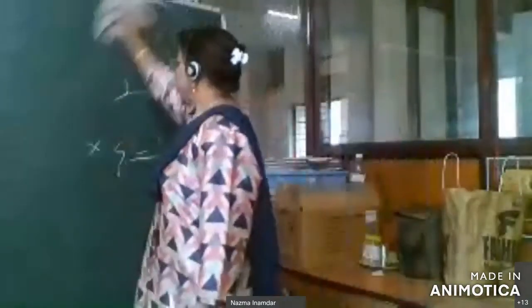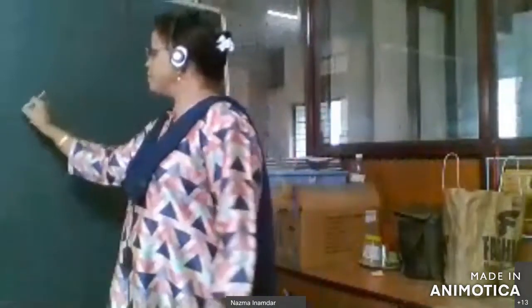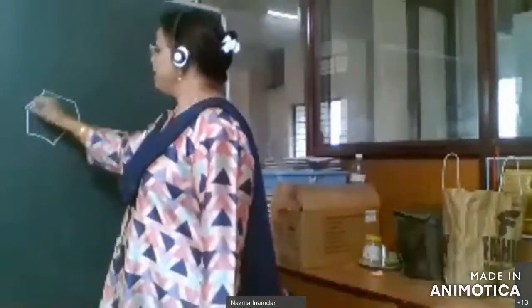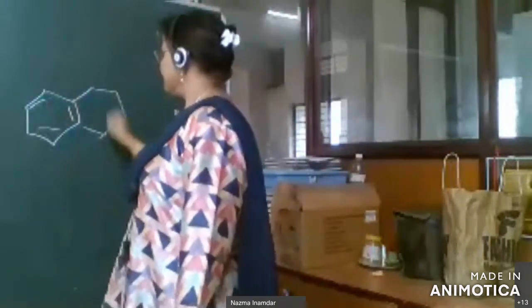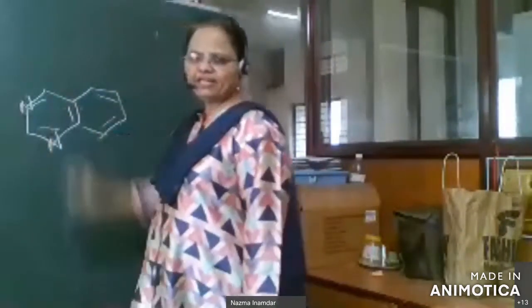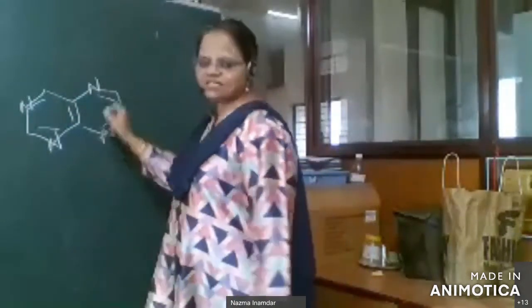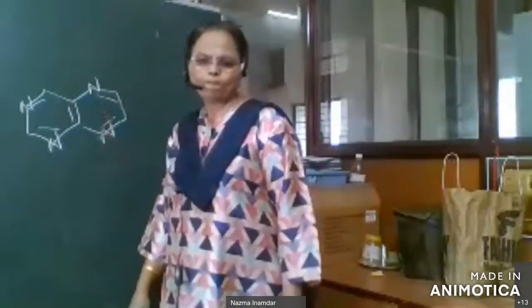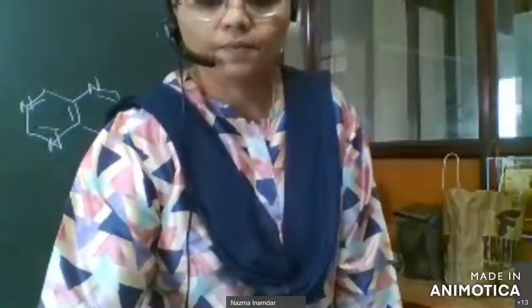So the questions are always asked on spironolactone and triamterene. So pay attention. Say for example, this is your two ring system. So here is the pyrimidine ring system and here it is the pyrazine ring system. Is it visible? Okay.